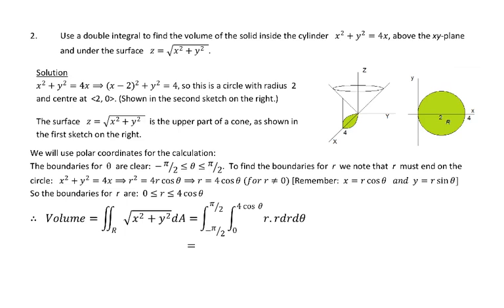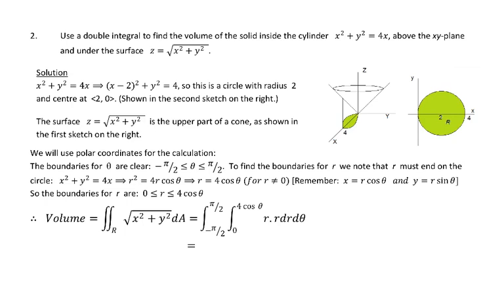We can now set up an integral to calculate the volume. Remember that in general, the volume over a region R is always the equation of the top surface minus the equation of the bottom surface. In this case, the bottom surface is the xy plane, which has the equation z equals 0. So the volume is simply given by the double integral over R of the top surface with equation z equals root of x squared plus y squared.